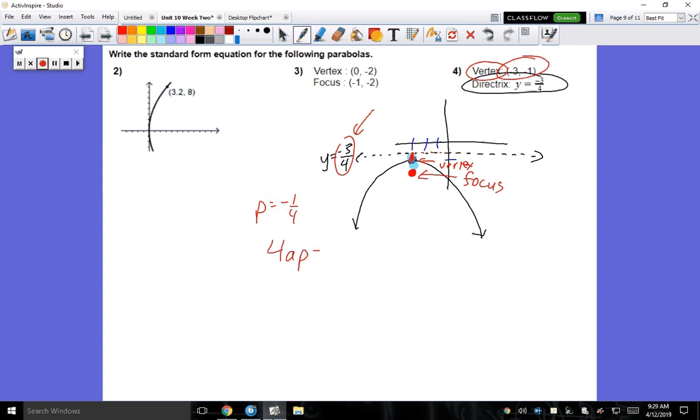If we have 4AP is equal to 1, we'll have 4A times this -1/4 that we saw from the sketch, and we are now able to calculate that A value. So we have -1/4 times 4. Those 4's cancel to a form of 1, and we have -A is equal to 1. So A is equal to -1.